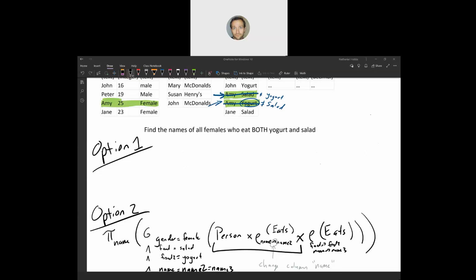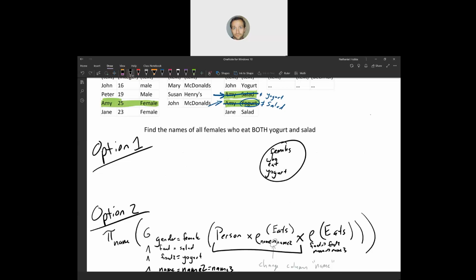Well, we know that we can come up with a query of women who at least eat yogurt. So we can find these are females who eat yogurt.